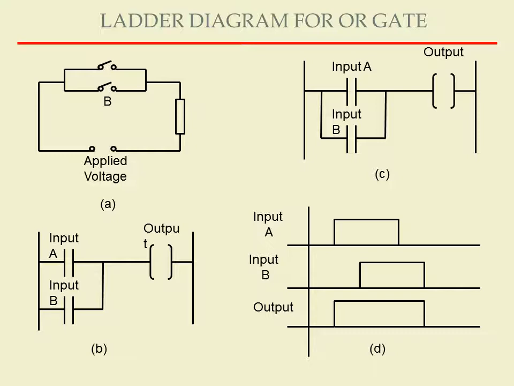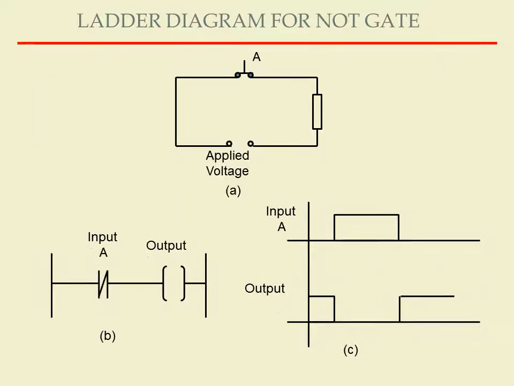Then input A is 1, input B is 0, output is 1. Input A is 1, input B is 1, output is also 1. Next case, input A is 0, input B is 1, then output is 1. So for 0 0 only the output is 0, otherwise the output is 1.